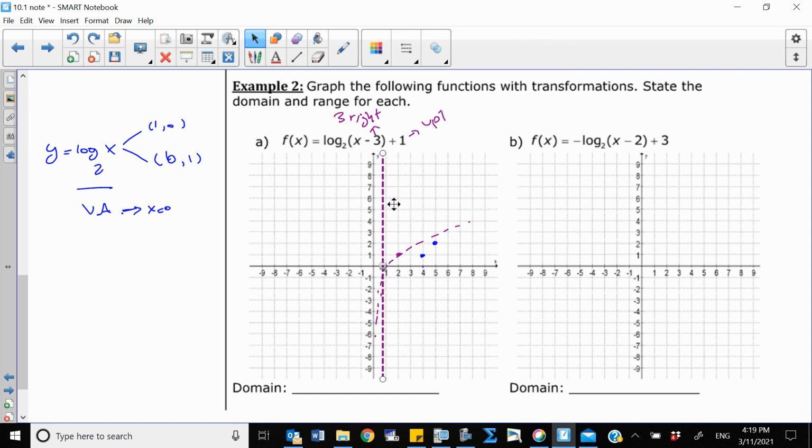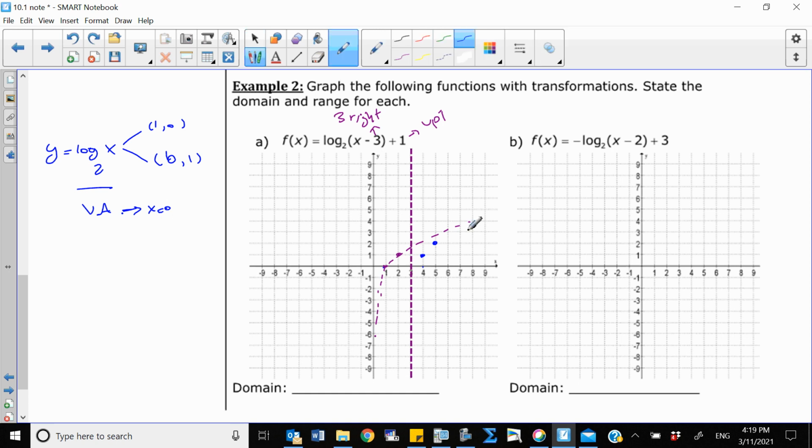So I can move this right 3, but if I move it up 1, since this is a long line that is going to continue from top and bottom, even if I move it up or down, I'm not going to see any change. It's basically the same line, which is just continuing from both sides. So I don't see any changes when I move the vertical line up. So this is my new asymptote. Now the new graph is going to look like this. This will be the graph of my function.